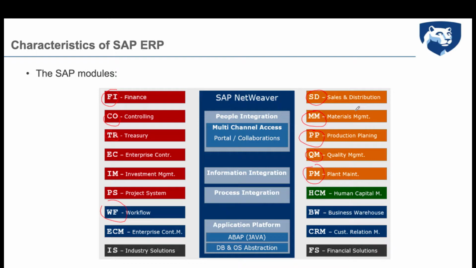In particular, as you can see here, this part refers to supply chain management processes or primary processes, as we discussed in class, while these are mainly modules for support processes. Then you have SAP NetWeaver, which is the part of SAP that integrates the internal ERP of the company with the other partners in the network, or in the supply chain, or outside the company boundaries.